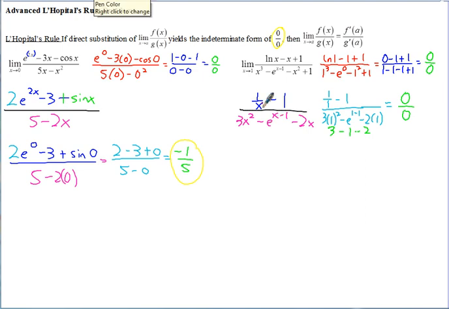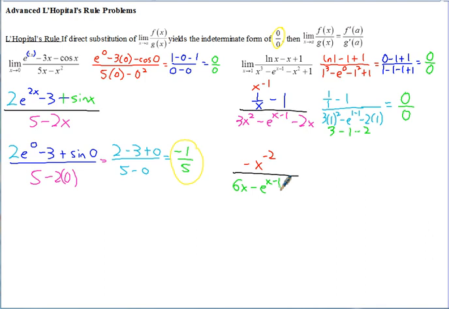And remember, 1 over x is the same as x to the negative 1. It's easier to take the derivative in that form. Using the power rule, that'd be negative x to the negative 2, over, on the denominator, the derivative of 3x squared is 6x, minus the derivative of e to the x minus 1, again using the chain rule, e to the x minus 1 stays the same.